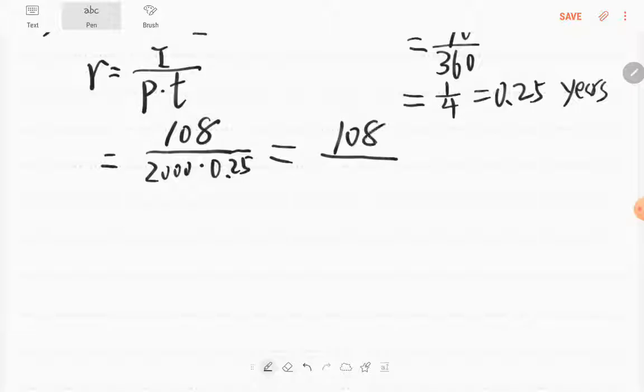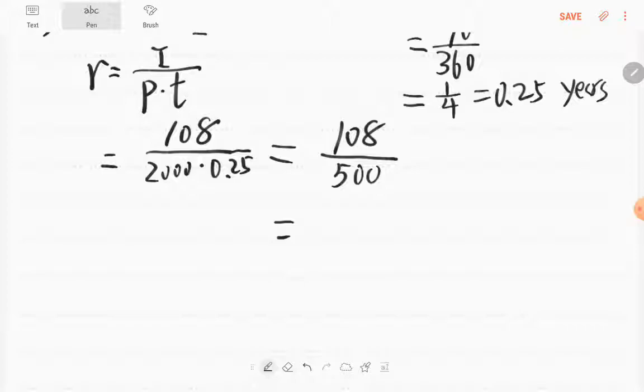So this is 108 divided by 500. Use your calculator.